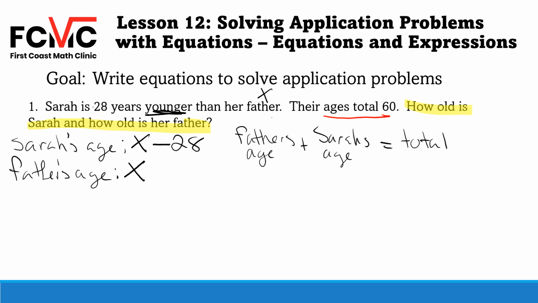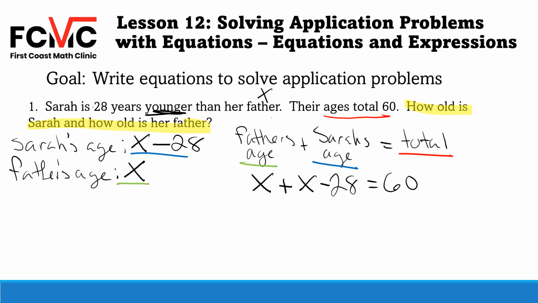Okay, so we know that father's age is X, Sarah's age is X minus 28, and the total is 60. We can substitute these values in, so we've got X plus X minus 28 equals 60 as our equation.